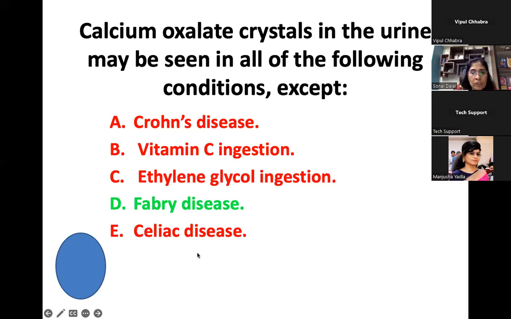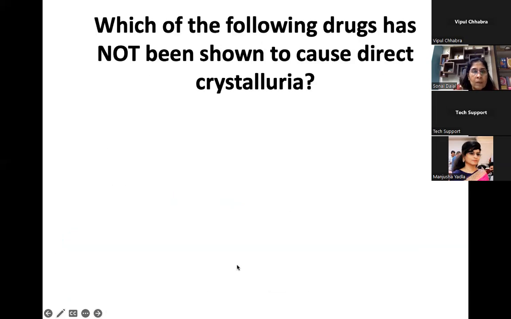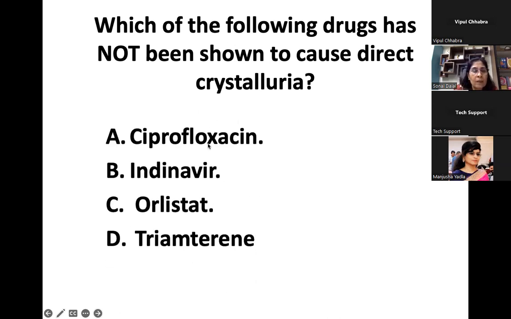Giving you one more question for the dry run. Which of the following drugs has not been shown to cause direct crystalluria? Option A, ciprofloxacin; option B, indinavir; option C, orlistat; and option D, trimethoprim.